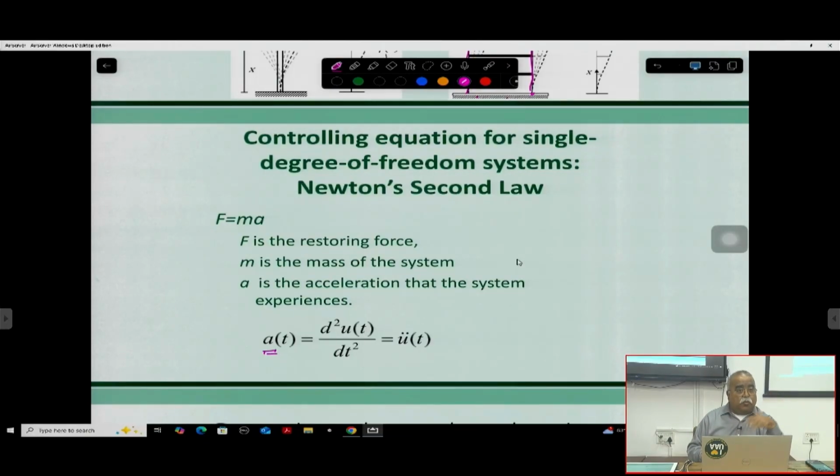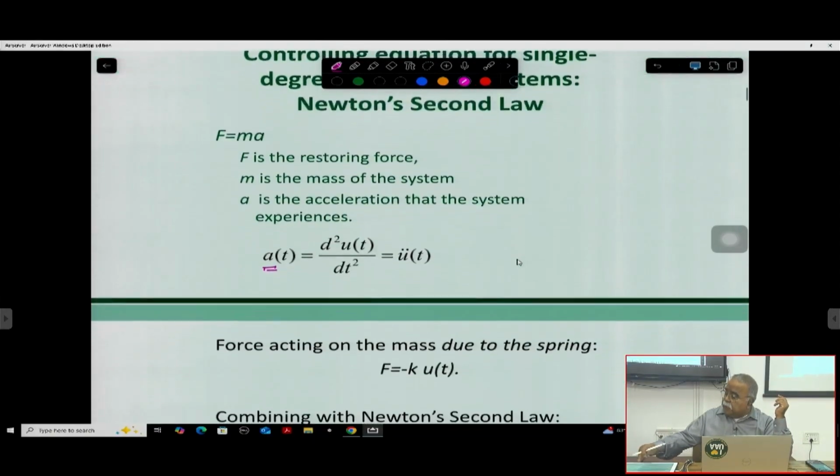The ground movement is u_g, so you should separate it out. One is the building response due to the ground, but the ground acceleration is u_g, right? And this is what we are talking about, only how the building vibrates having a mass m. So this a(t) is the building part.